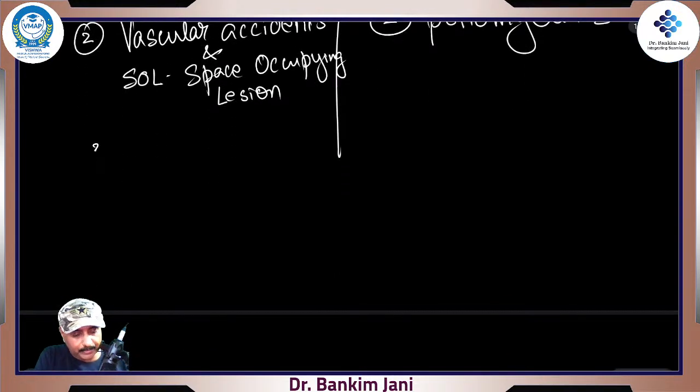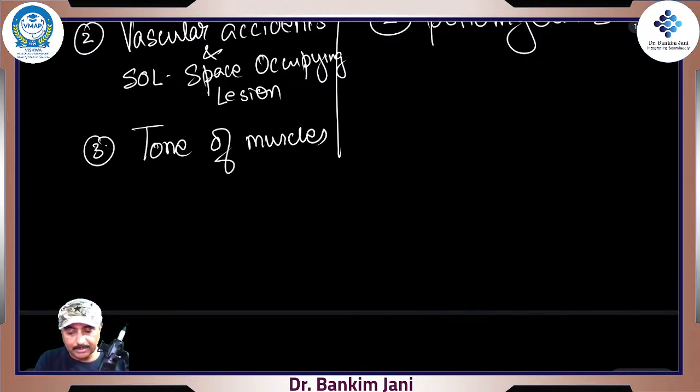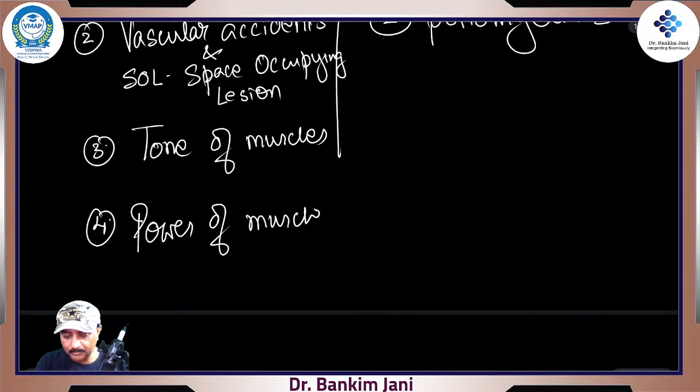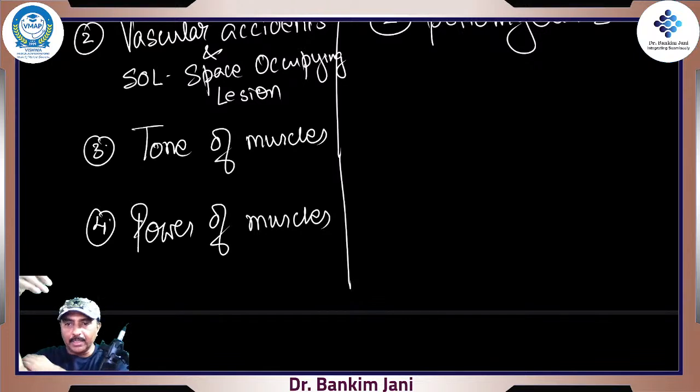The third difference, which is so vital, is the tone of the muscle and the power of the muscle. There is a very beautiful difference between both of them. When there is no contraction, when the patient is at rest, you squeeze the muscle, and that is the tone. Tone means tension in the muscle when the muscle is at rest.